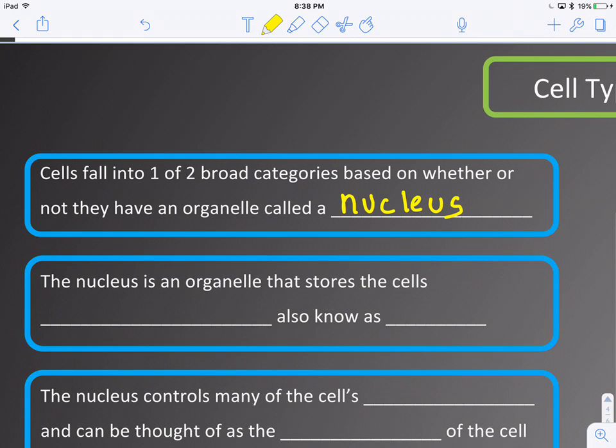It's where the cell stores its genetic material. And if you guys remember from learning about nucleic acids, genetic material is known as DNA, right? It's made of those A, G, C's, and T's that we talked about a few weeks ago. So the nucleus is really important.